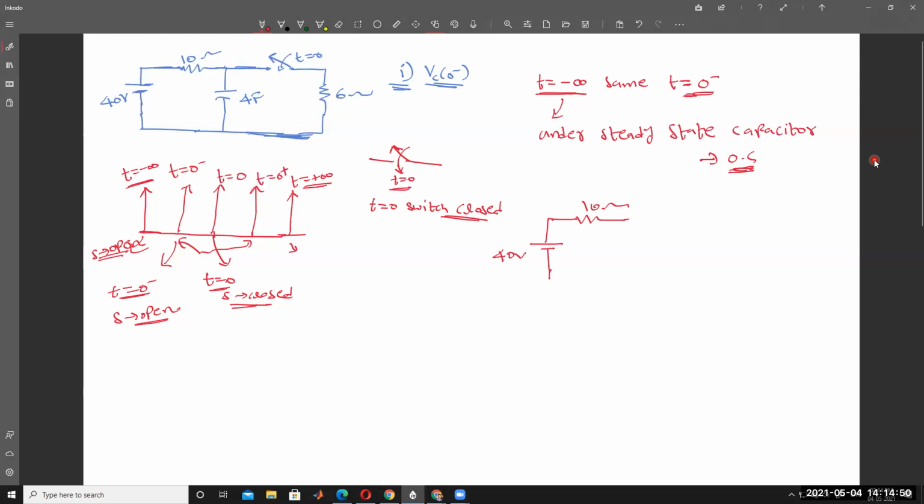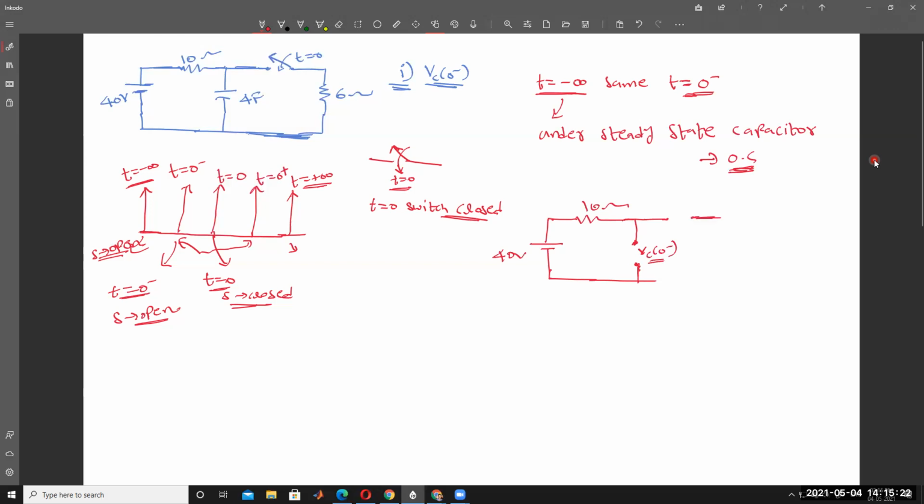At t equals minus infinity, t equals 0 minus, the switch is under open circuit condition, and the capacitor is fully charged, so it acts as an open circuit. The voltage across the capacitor under open circuit condition is called VC of 0 minus.